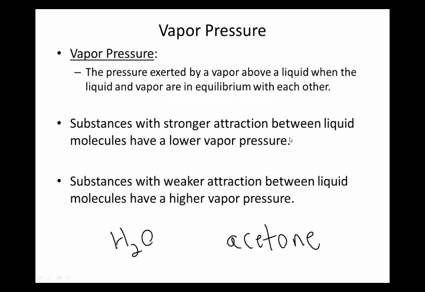Acetone is very smelly. Why do you think it might be very smelly? Because there's a lot of acetone vapor reaching your nose. It vaporizes easily. Water doesn't really vaporize that easily. Water sticks together really well. So we can conclude that acetone has weaker attraction between the molecules. Therefore, which one has a higher vapor pressure? It's the acetone.